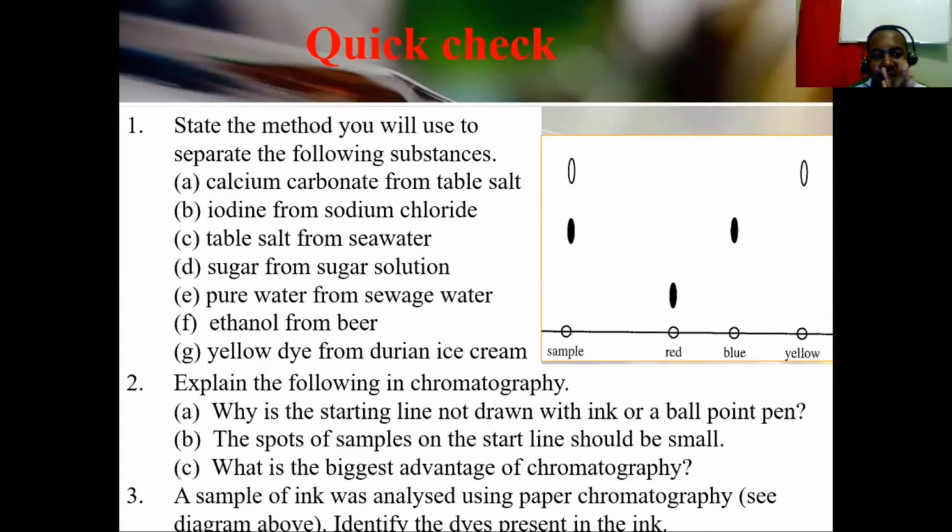So how could we get what's different, even though they are the same type of ionic compound? What's different if we mix it in water? One dissolves and one doesn't? No, they're both ionic, so they both will dissolve.